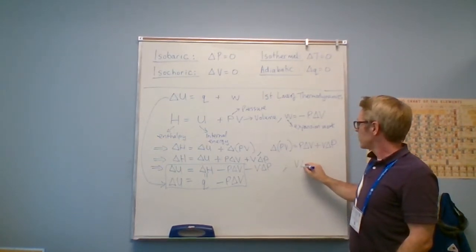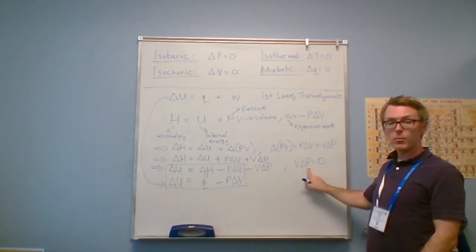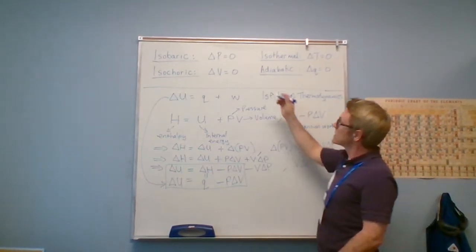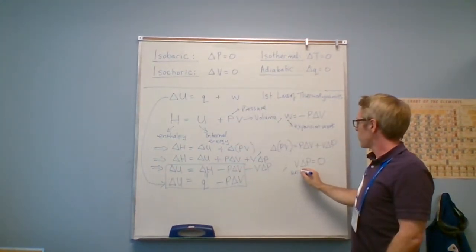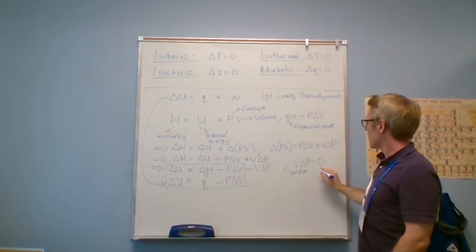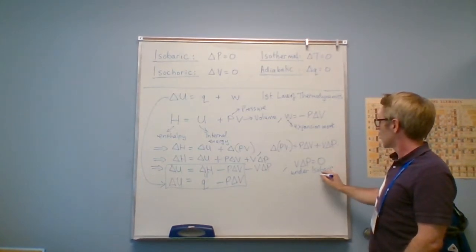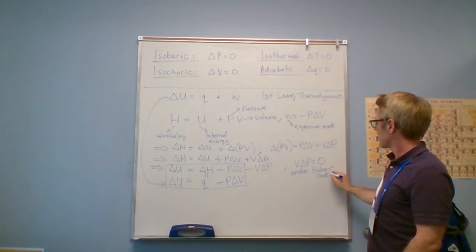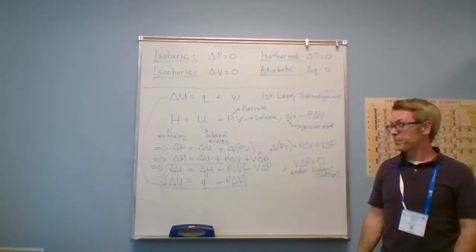So V delta P equals 0 whenever delta P is 0. Well, delta P is 0 under isobaric conditions. So if I impose isobaric conditions, then I force this term to disappear.